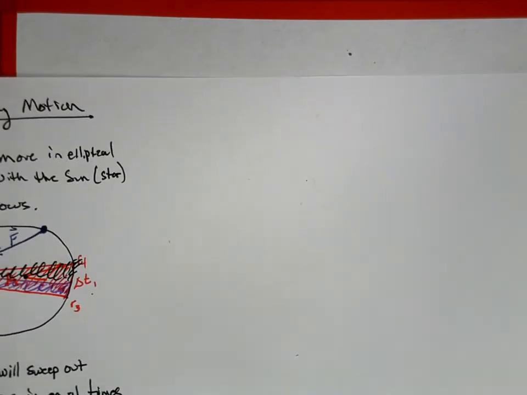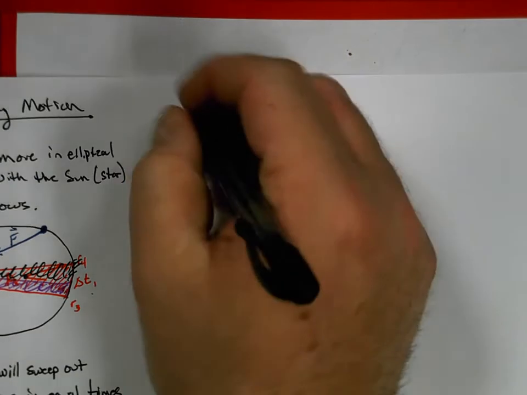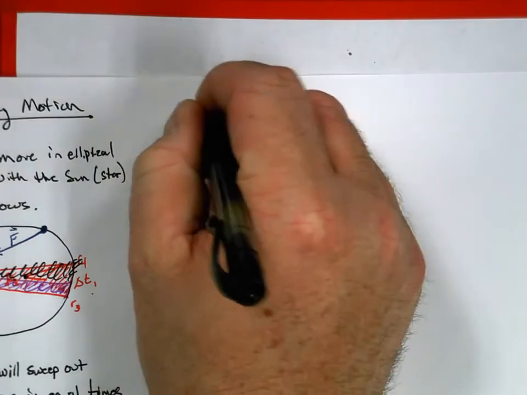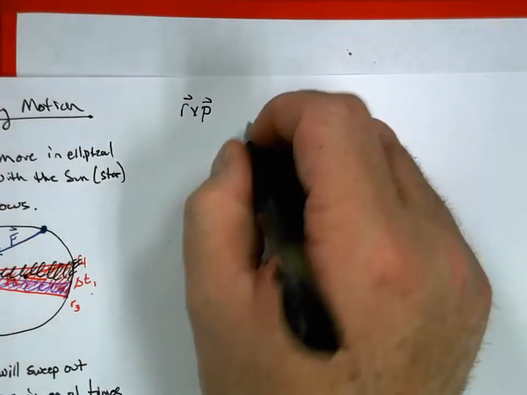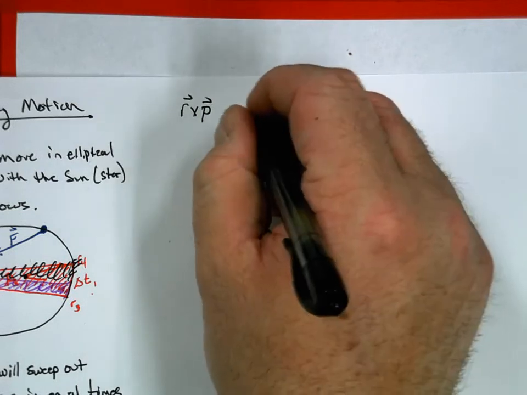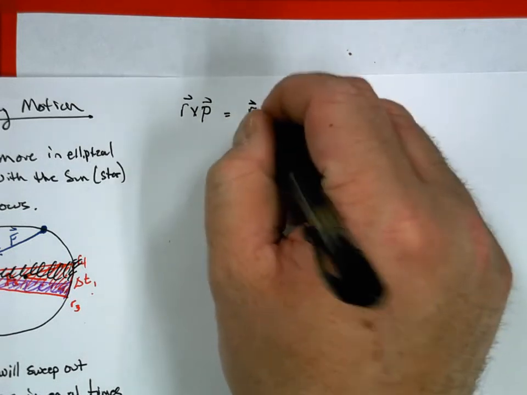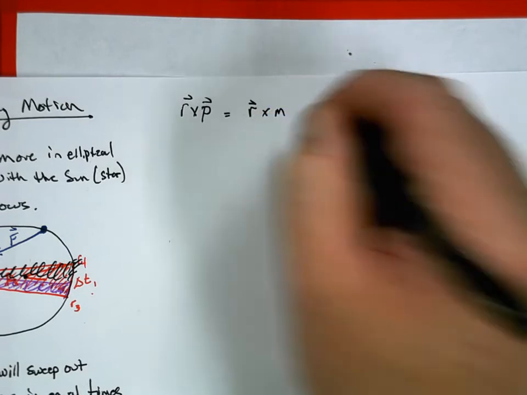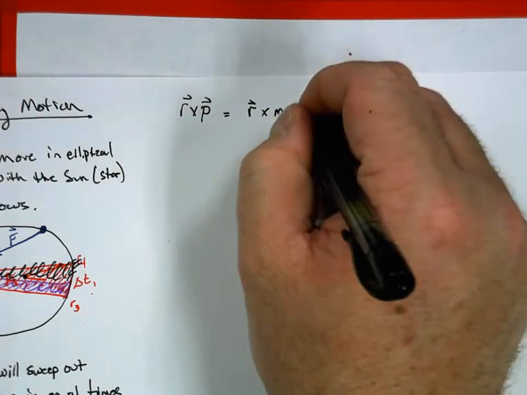So let's go back to R cross P. R cross P really equals R cross the momentum P, which is going to be the mass, and our mass shouldn't be changing, times our velocity.